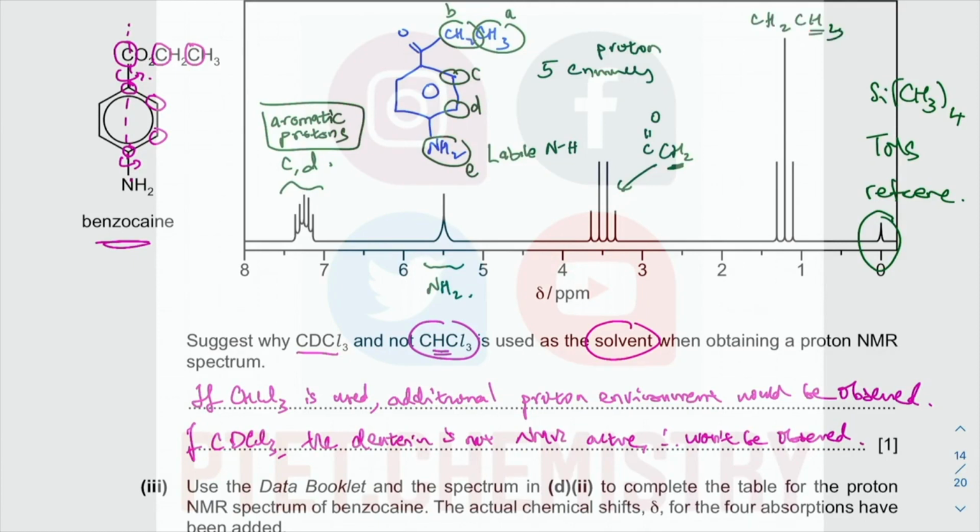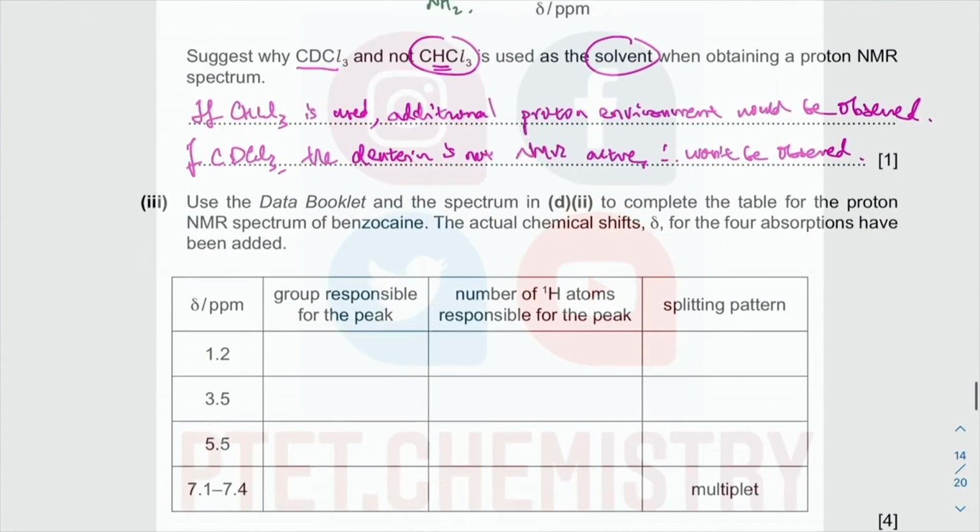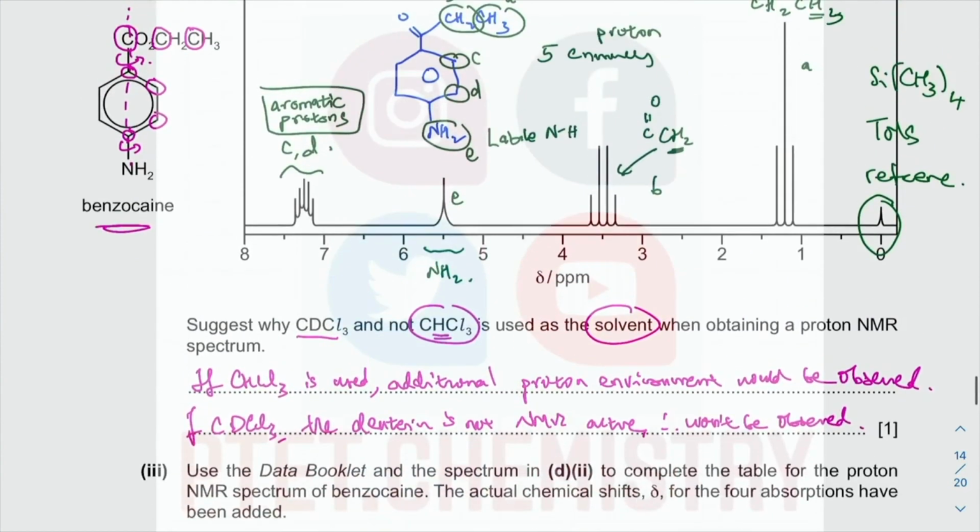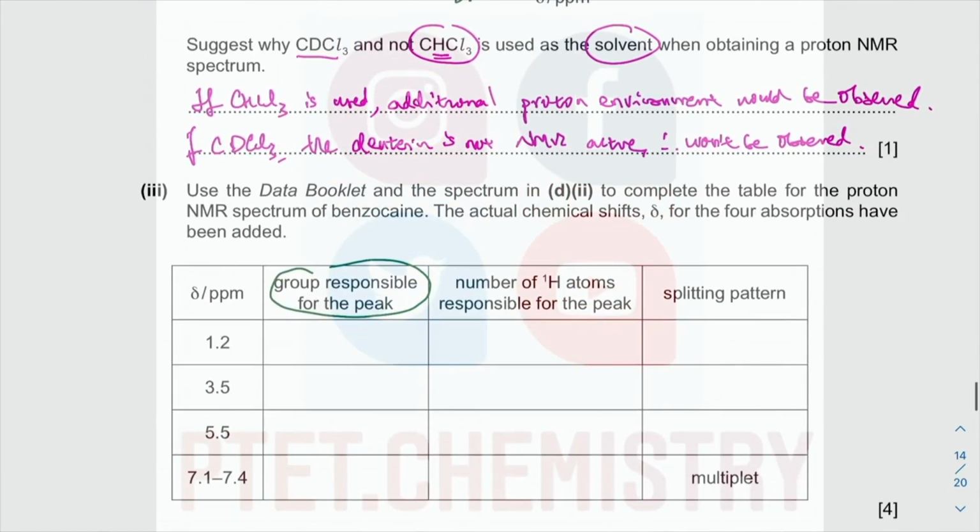When you are here, you see 2 neighboring protons. It gives you 2 plus 1, which is 3 lines, and you're not next to a carbonyl. And what else can I say? So there must be A, there must be B, this must be C and D, and there must be E. All right. So the group responsible for the peak at 1.2 is CH3.